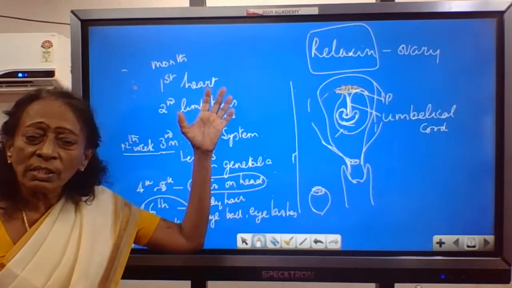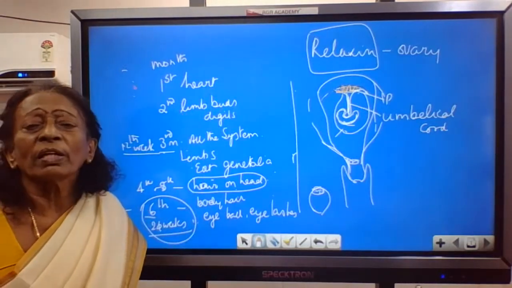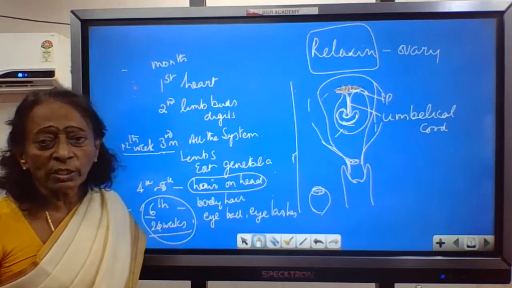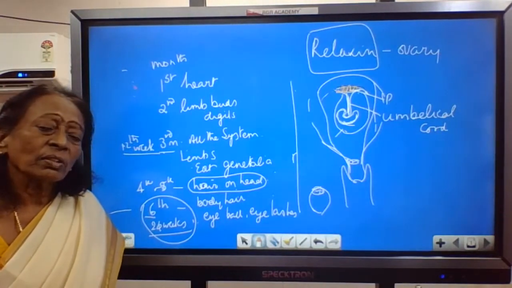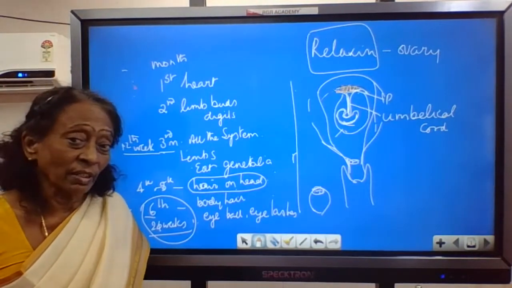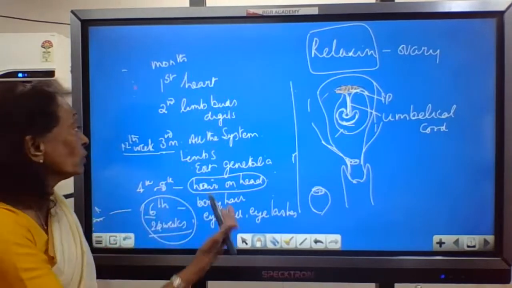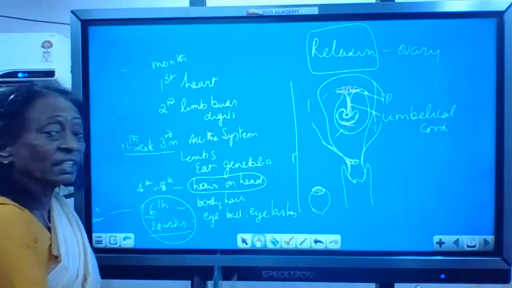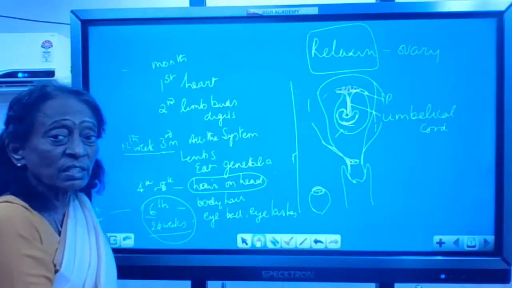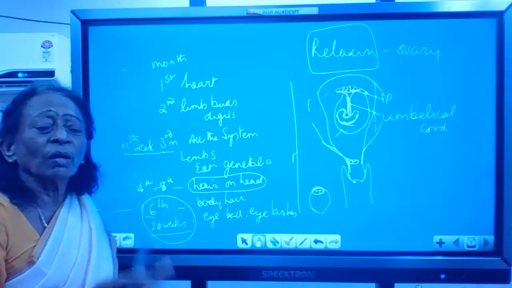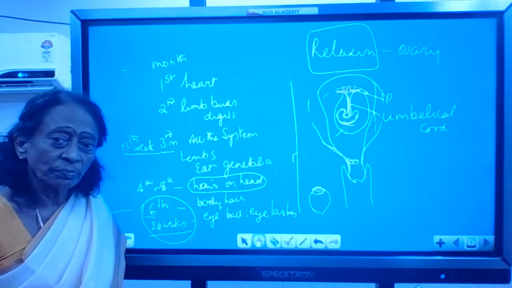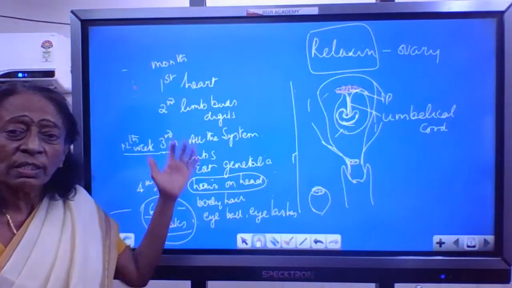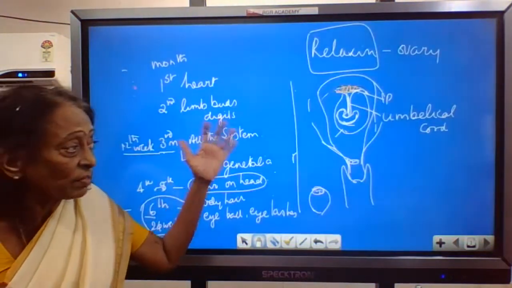This is another area where they can trap you with a multiple choice, statement question, or matching question. I can take the 1st month, 2nd month, 4th, and 6th and give these changes, and a match-the-following can be asked. Do you follow? So this is the development in the different months.